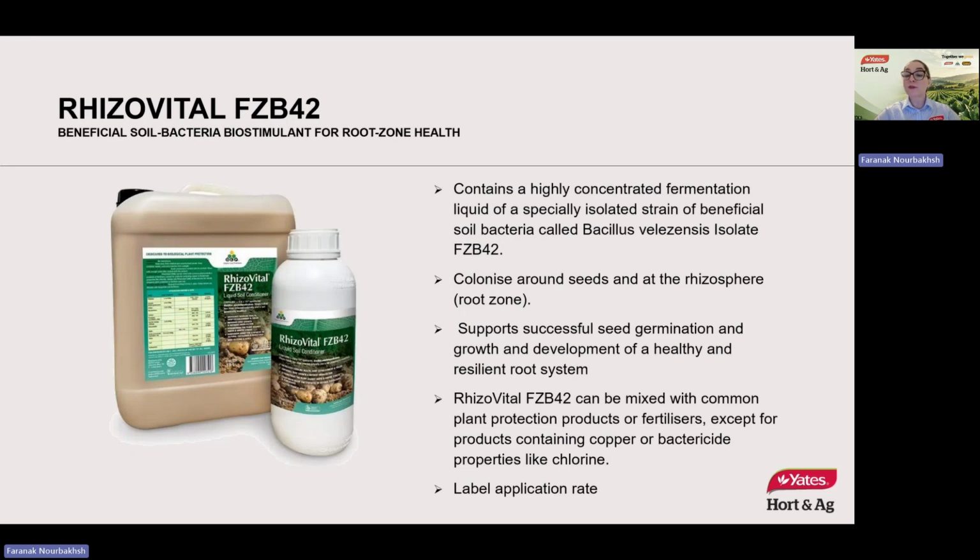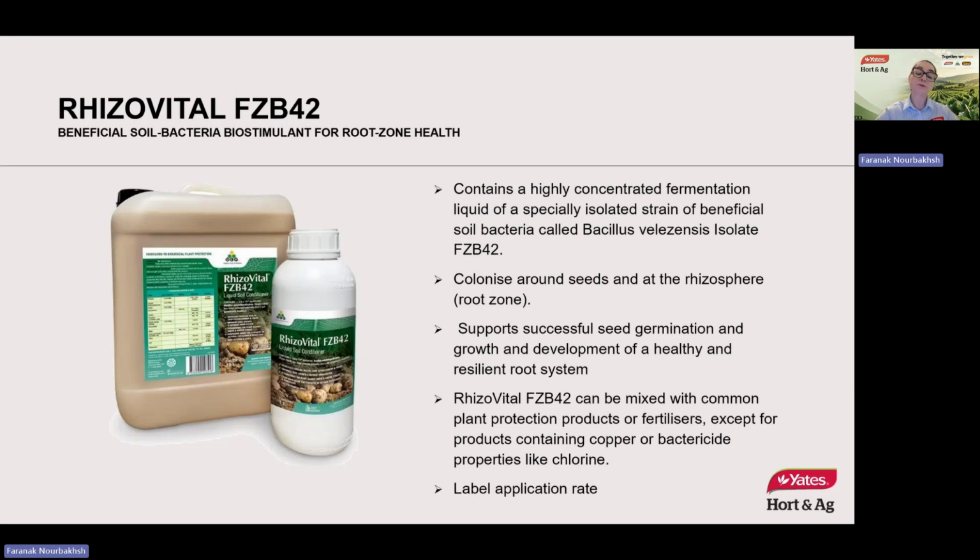This product works very well with Seasalt Commercial as well, because Seasalt Commercial increases root growth and primes the crops for stress. When we apply that, as well as Rhizovital colonizing the root with beneficial bacteria, we will have great establishment and root growth, and it affects nutrient uptake and the efficiency of other products that we will use throughout our seasonal plan.